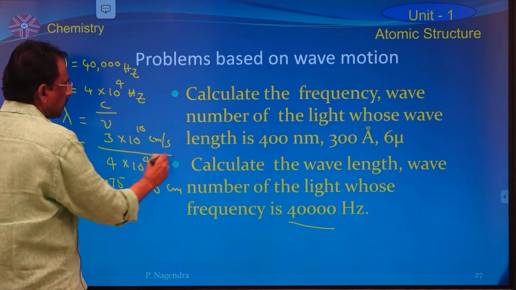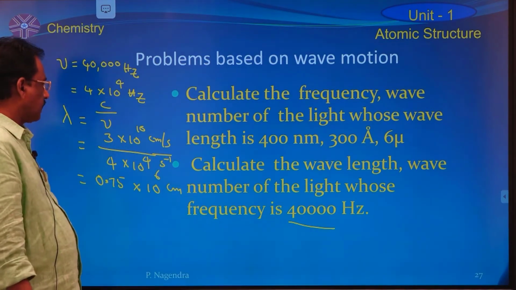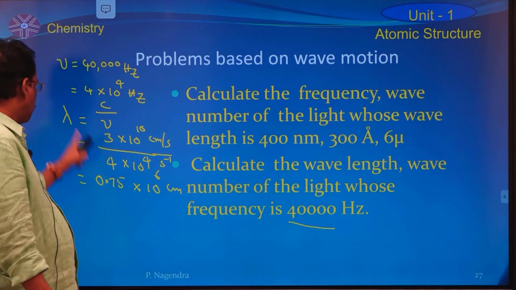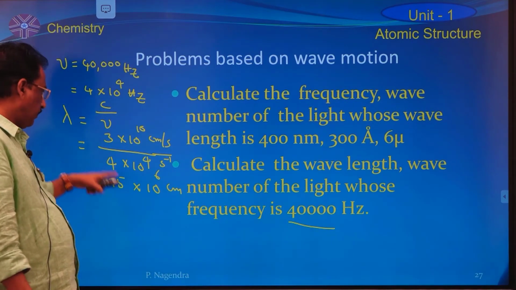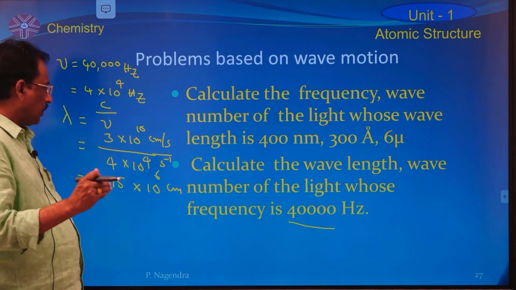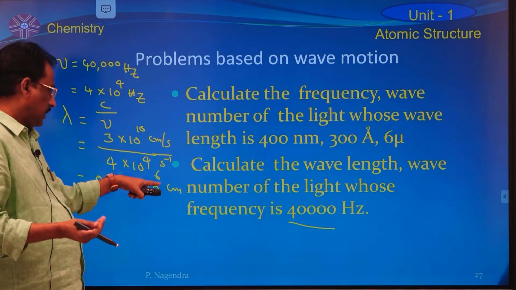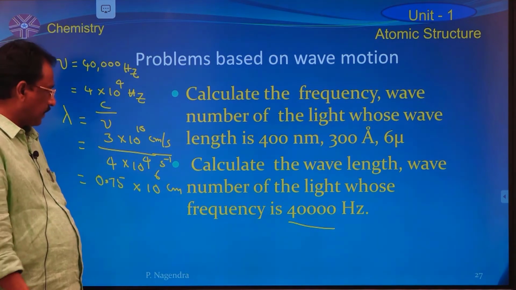Frequency is expressed in second inverse. That's why the unit of lambda is centimeter. Suppose you want to convert lambda into angstrom unit.